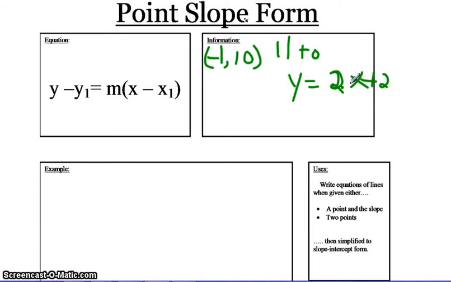Well, just like we said in class, lines that are parallel have the same slope. And we know that in an equation in slope-intercept form, the coefficient is my slope. So I want to write an equation of a line that contains a point (-1, 10) that has a slope of 2.